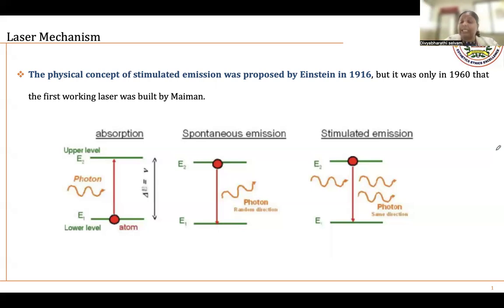Whereas in stimulated emission, it releases the energy because something else triggered it. A photon with exactly the same energy as the energy difference between the excited and the lower state comes along. The excited electron drops to the lower energy level and emits a new photon with the same characteristics as the incoming one: the same energy, the same direction, and the same phase. This is the stimulated emission principle, and that's how the laser works.